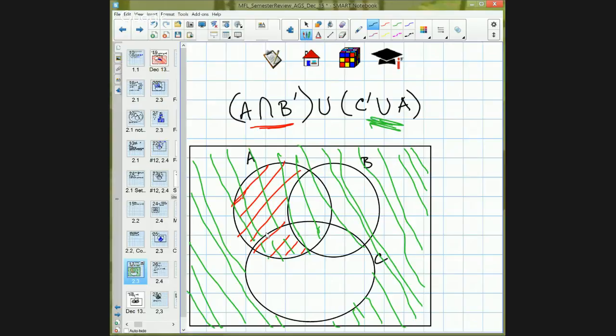So that's the green. Now the final answer, I'm running out of colors here, but the final answer would be when you join both those green and red shadings together. So everywhere you see shading, that's the final answer.